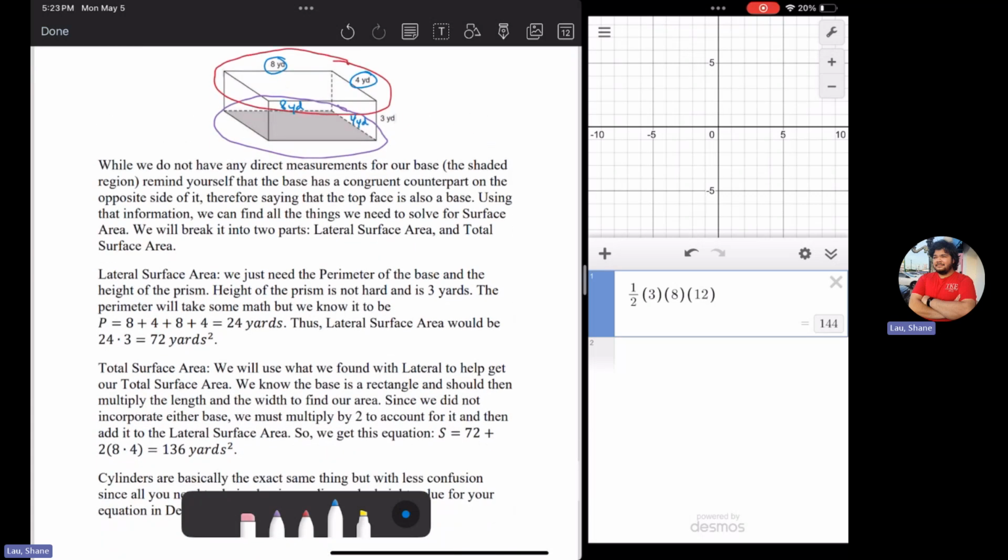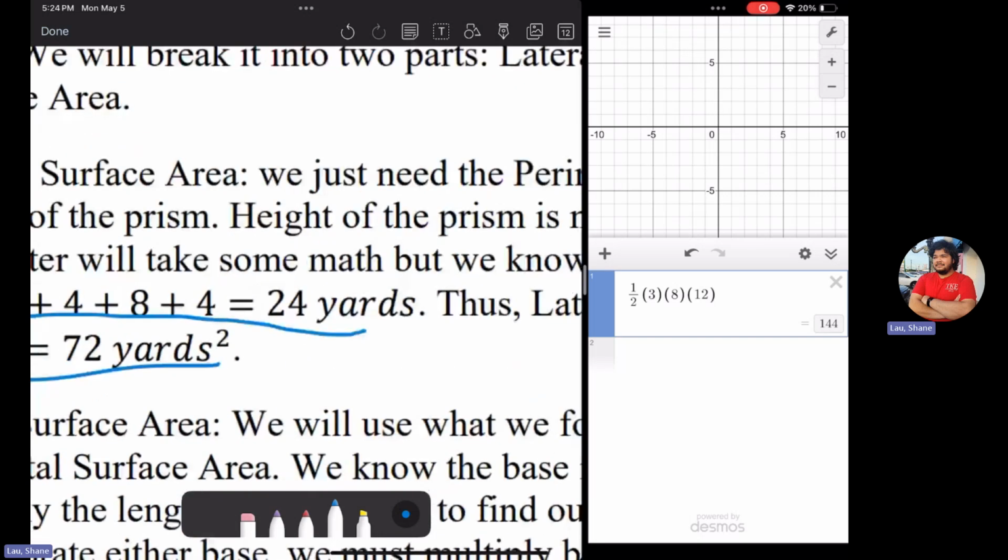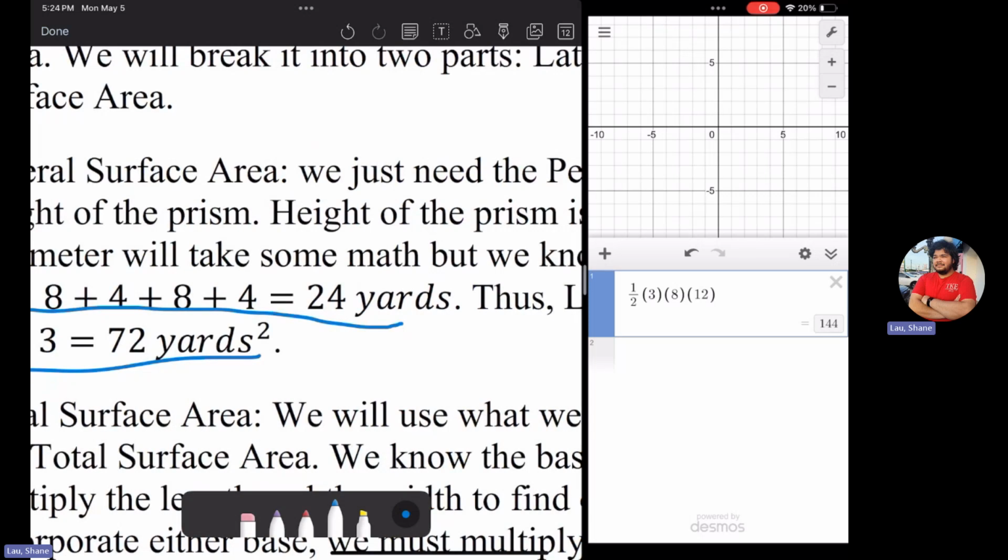Okay, so lateral surface area. We just need the perimeter of the base, which is easy enough. We're working with a rectangle, and opposite sides are equal to each other. So I have 8, 8, 4, and 4, and I get 24 yards. Then 24 yards times my height of 3 gives me 72 yards. Notice that my capital P perimeter is not in squared units.